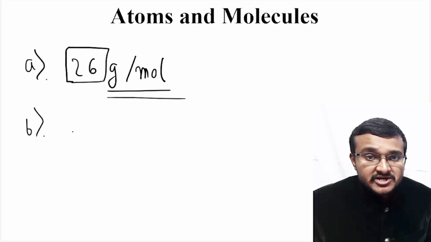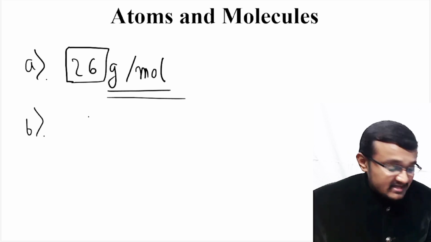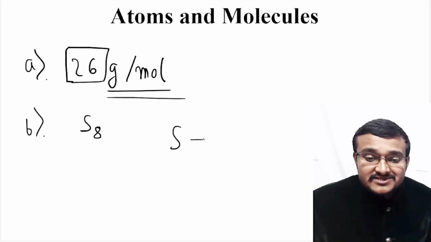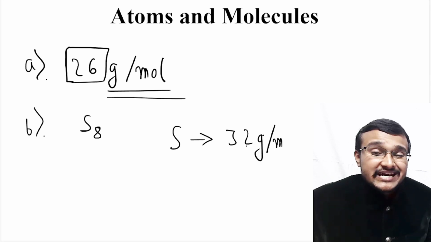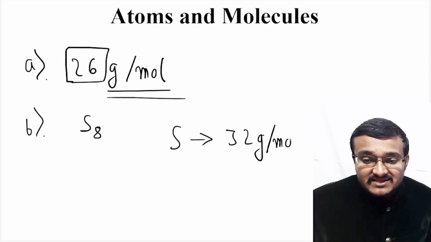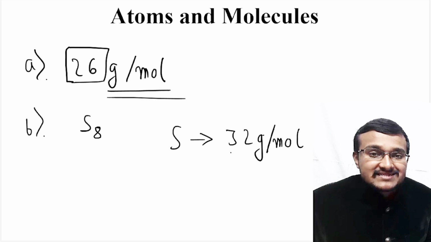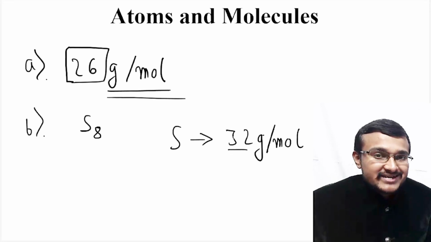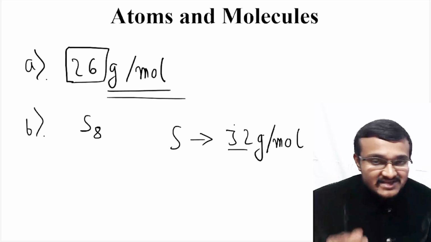Coming to the B question in this sixth question, here they have given the sulfur molecule, that is S8 molecule. The atomic mass unit of one sulfur atom is 32. If you want to express this in molar mass, then 32 gram per mole is the molar mass of one sulfur atom, or 32 atomic mass unit is the atomic mass of one sulfur atom.